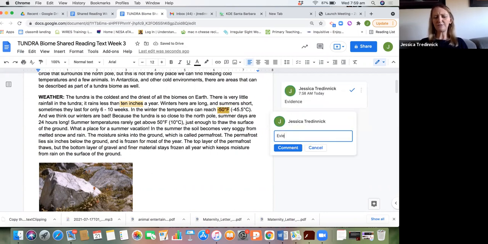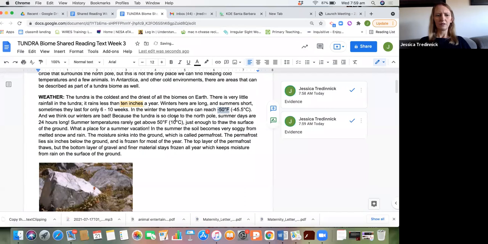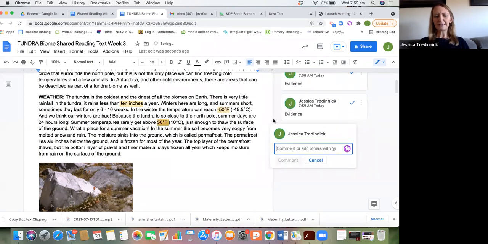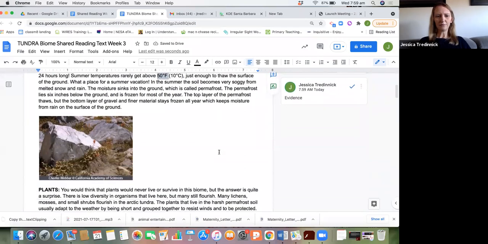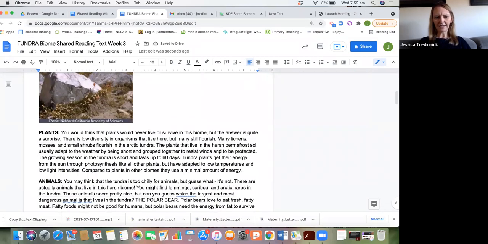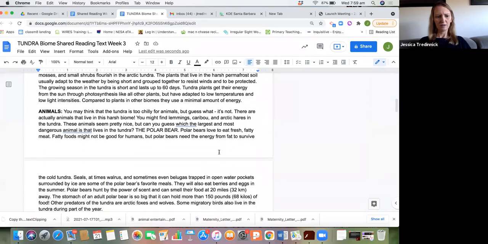That might actually give me a clue for something. So this is evidence as well. I've got 50 degrees Fahrenheit again. This again is evidence. And I'm sure I'm going to find more if I keep going down.